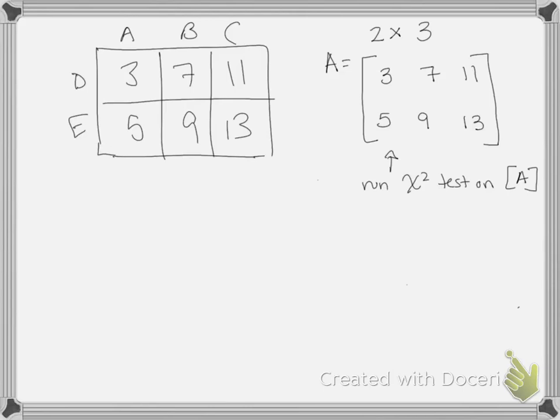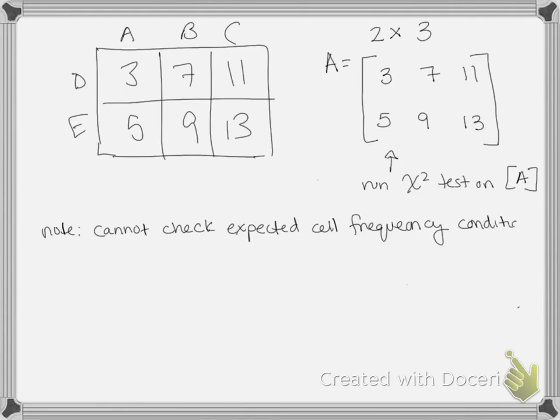I want to make one more note. Note, you cannot check, that dog is so loud, the expected cell frequency condition until after you run the test in your calculator.